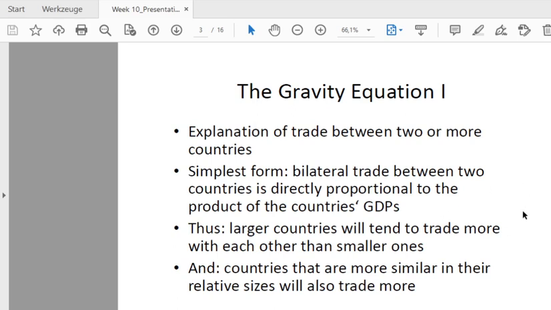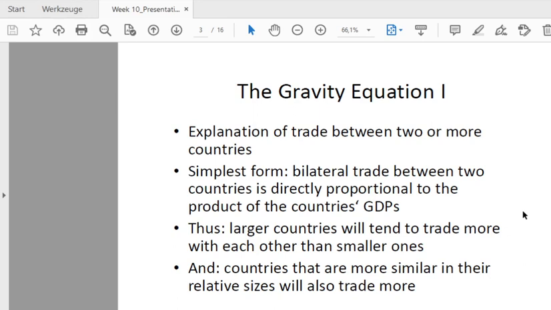So the idea is that the larger a country is, the more trade this country will have with other large countries.